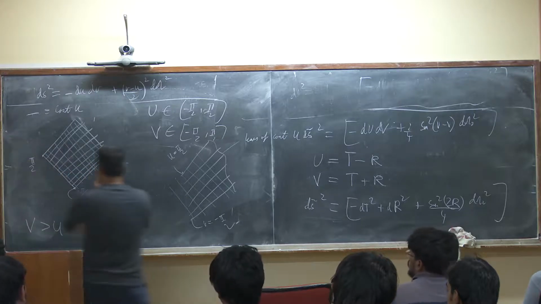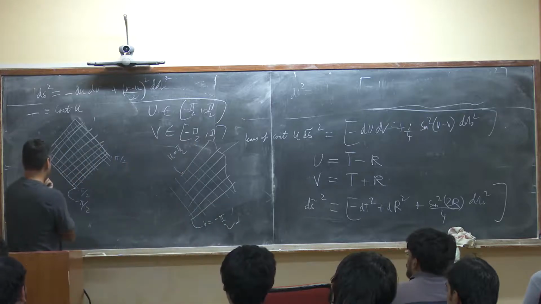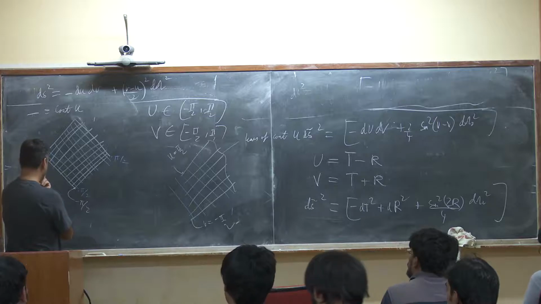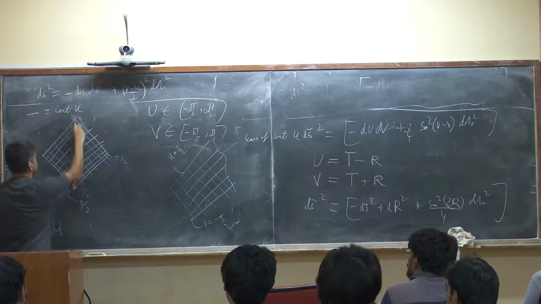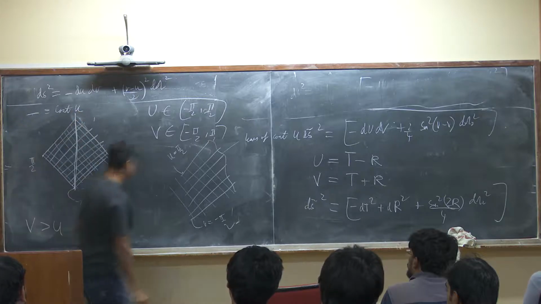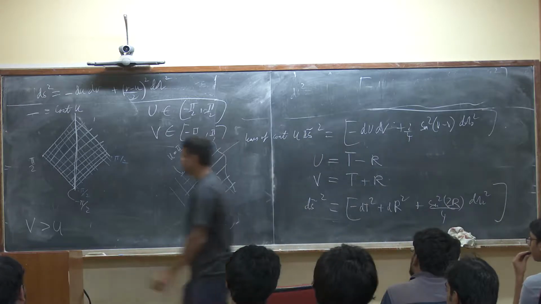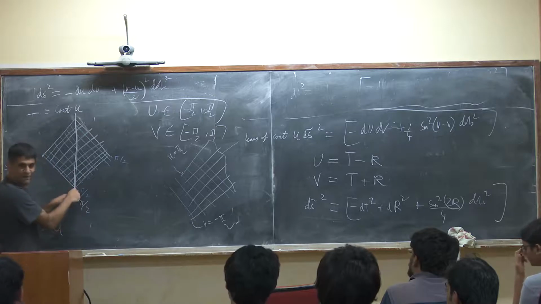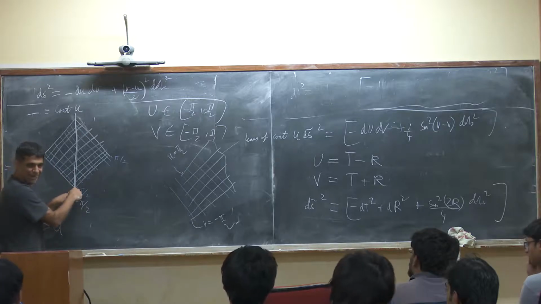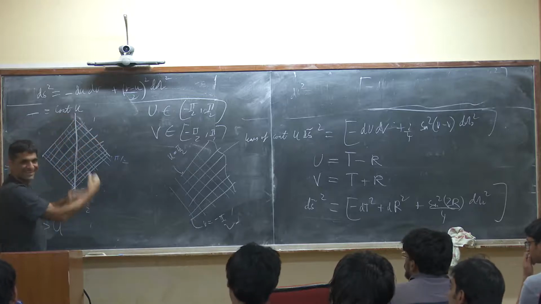Now where is that on this diagram? Let us see. It's the right half, yes, because this is the line V is equal to U. At this point, V and U are both minus pi by 2; at this point, V and U are both pi by 2.